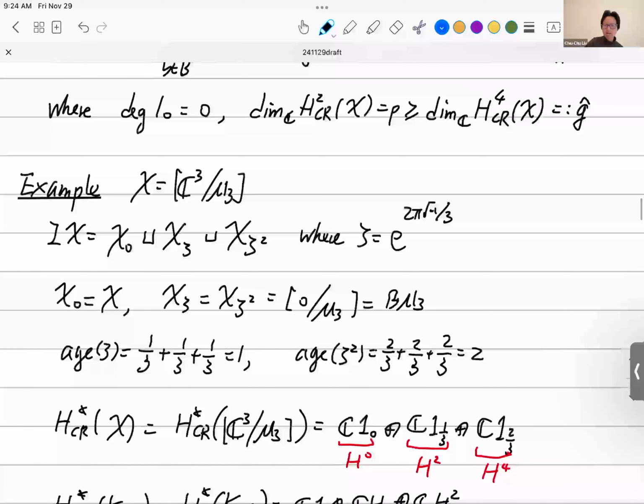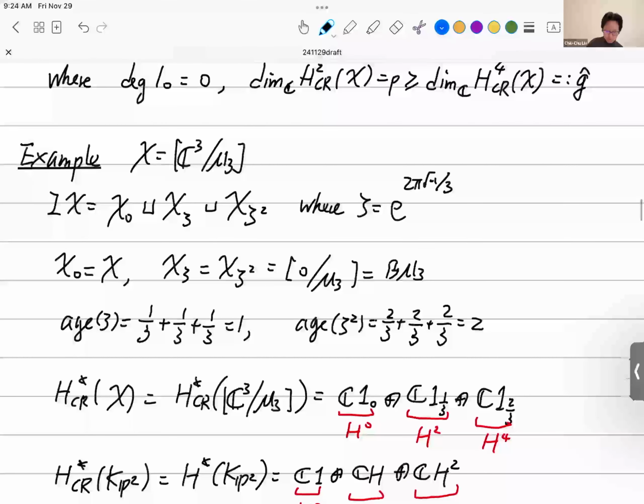Let me do this example. For example, if we take C3 mod mu3, it's easier in this case to use just the discrete group mu3.